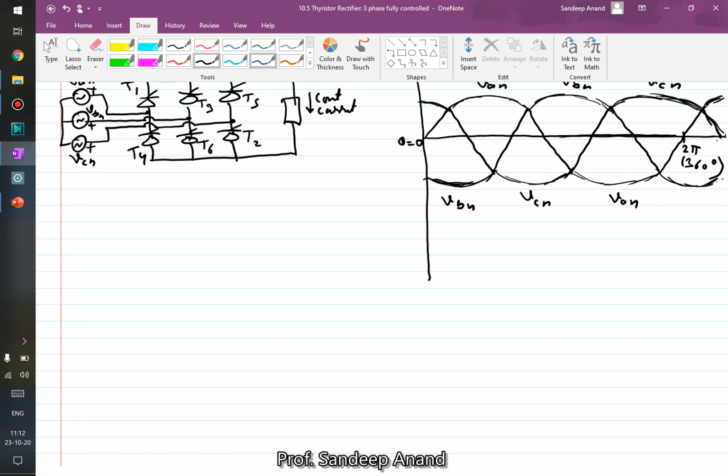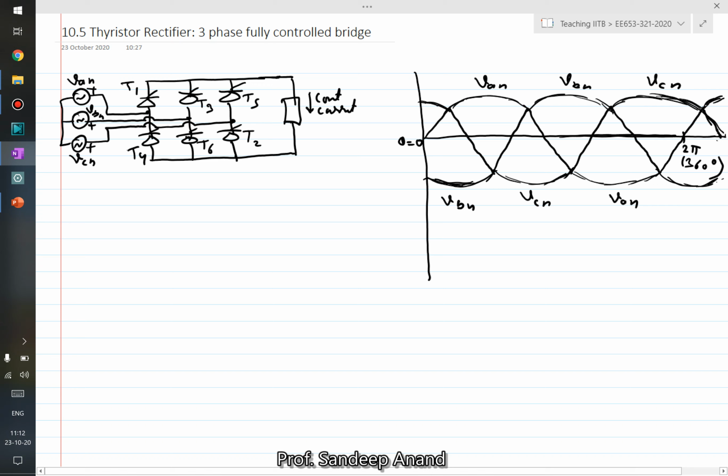Now let us see where naturally, if all the six would have been diodes, where would they naturally start conducting? Where will T1 conduct? On the top part, when the VAN voltage is highest among the three. This is the instant at theta equal to 30 degrees, the point where naturally T1 should start conducting, right? And therefore we define the angle for turning on T1 with respect to this point, and let's say this is the angle at which we fire T1, and this difference is alpha, right?